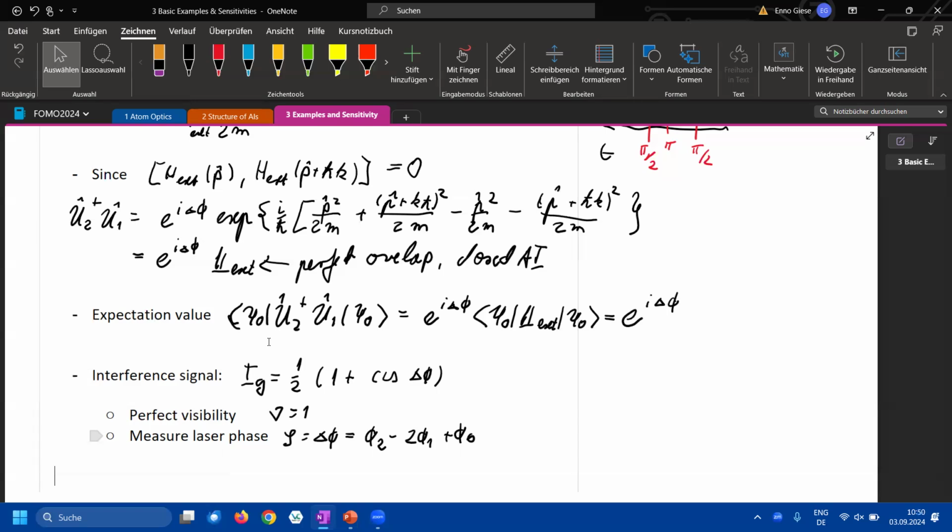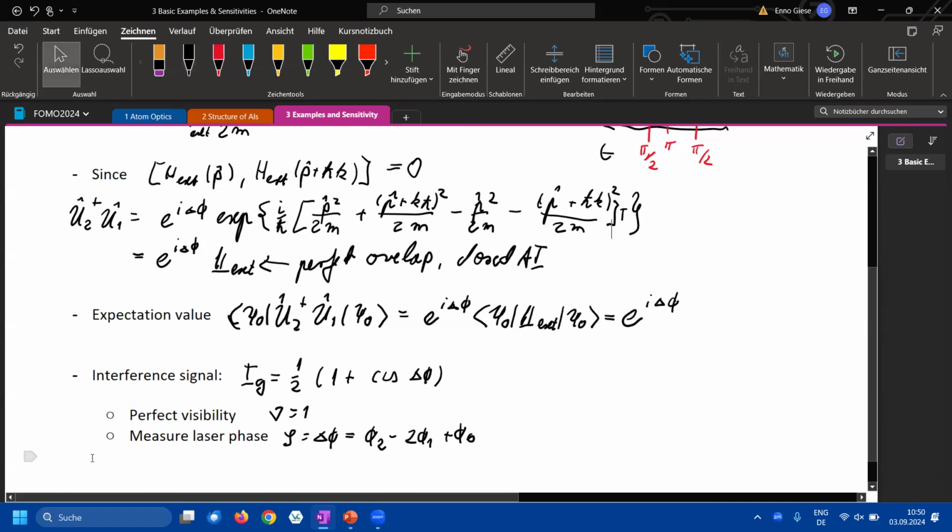There should be, of course, and that's why I didn't close the brackets, there should be a T. No, I mean that physically in position both wave packets overlap perfectly. That's the condition. Yes. But we will now do an example where wave packets don't perfectly overlap anymore.